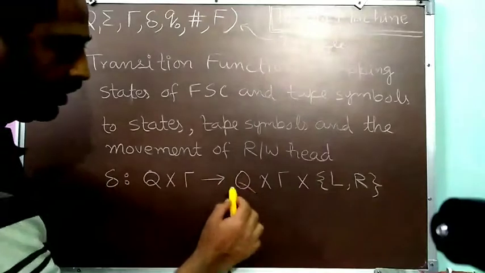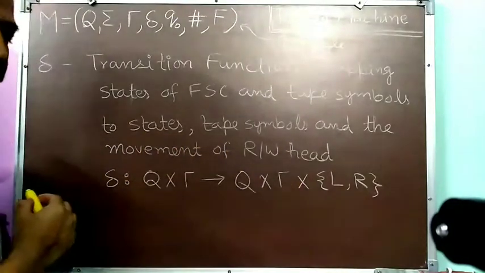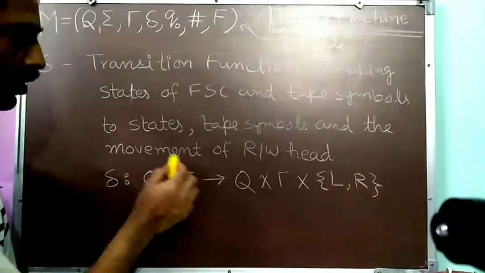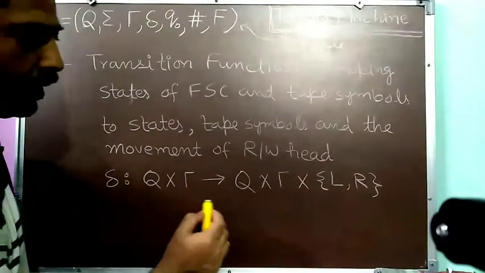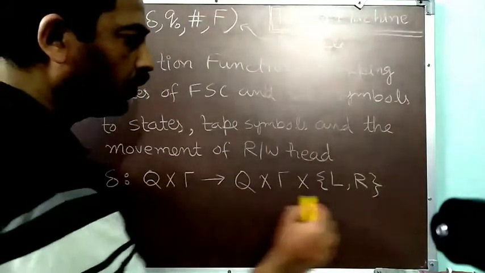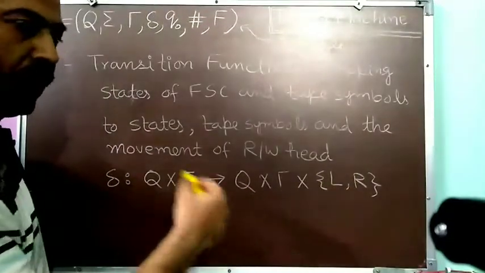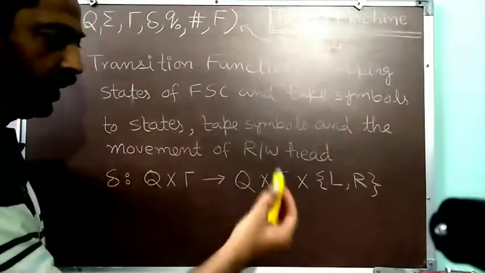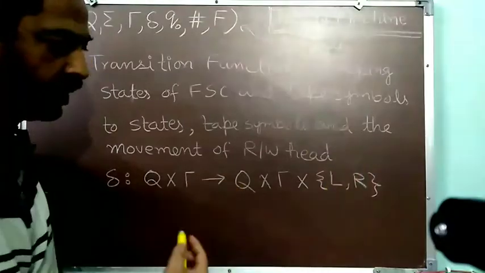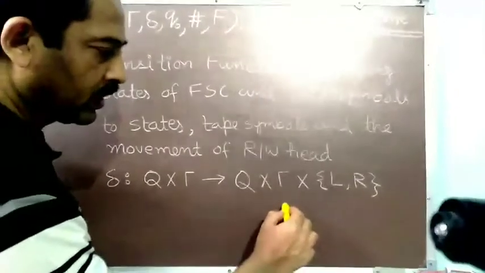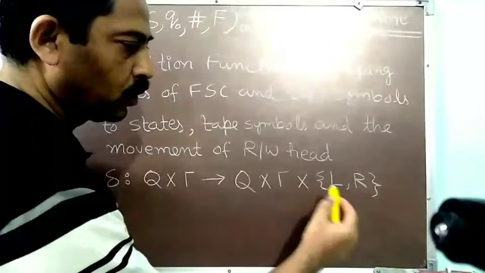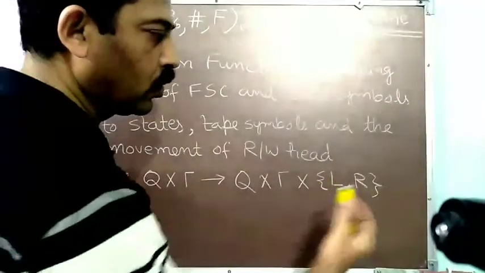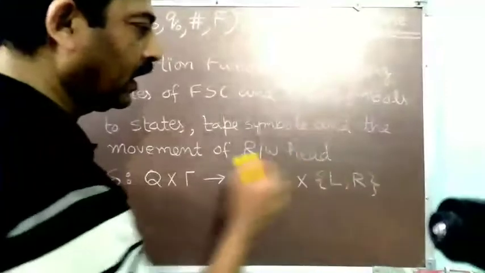The nature of this transition function δ is deterministic because corresponding to each combination of a state and a tape symbol, we will have only one choice. So it will clearly tell us to what state next we should reach, what symbol we should write in the current cell, and whether we should move left or right.